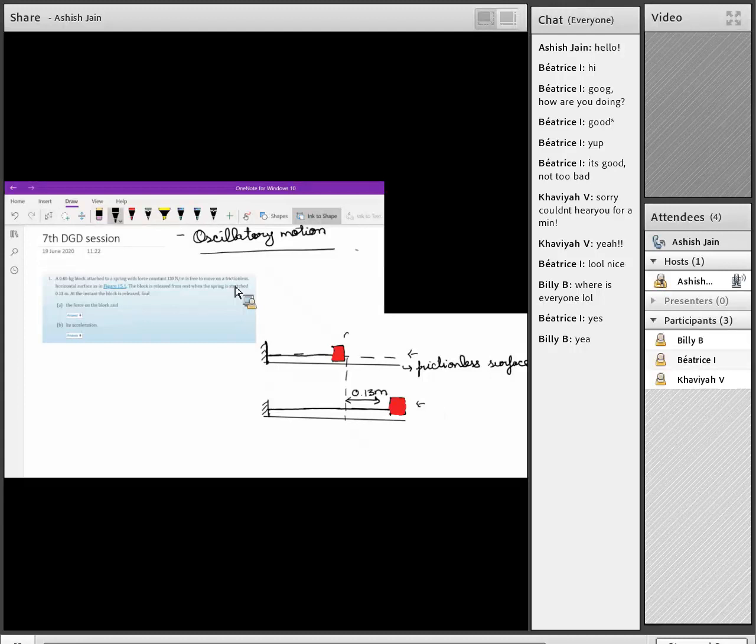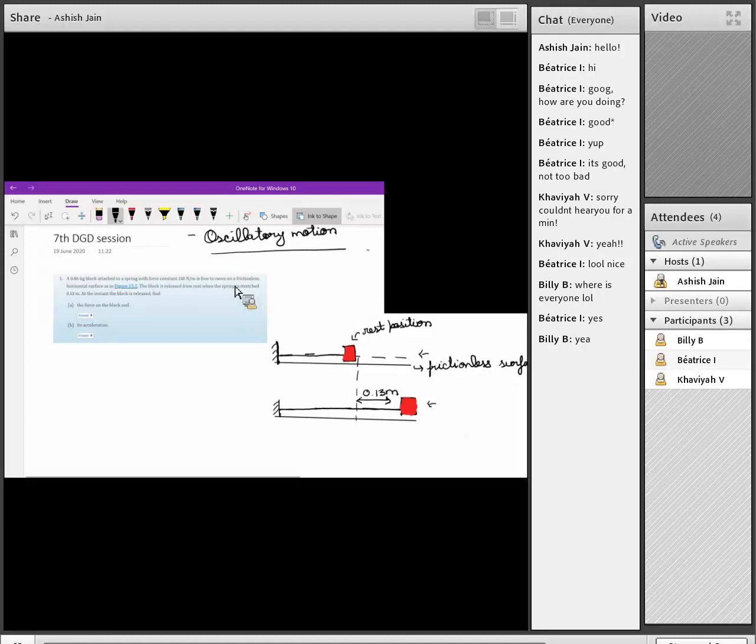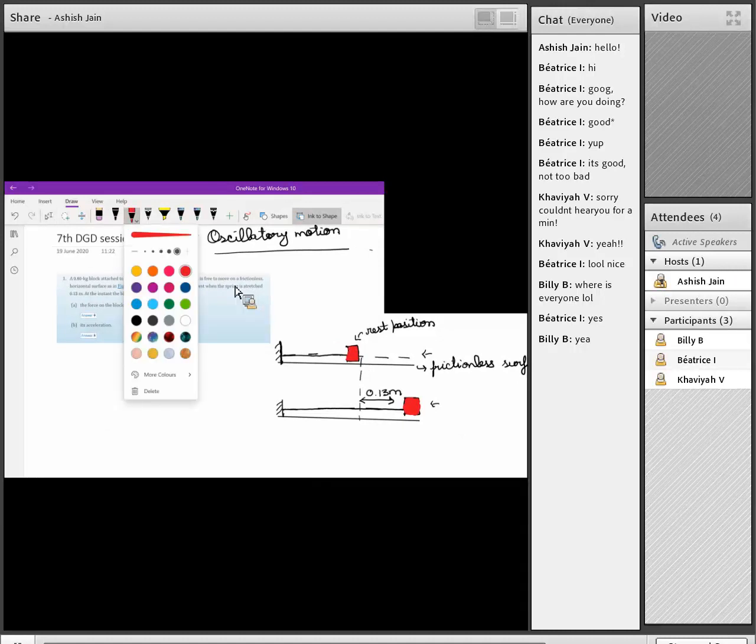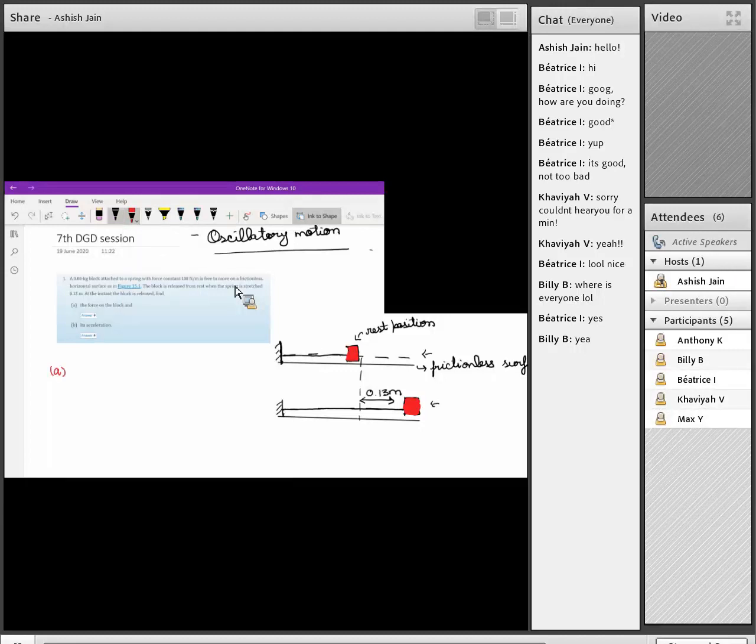In the diagram you can see this is the rest position and it's been displaced by 0.13 meters. This is the easiest question. It asks you about the force on the block.